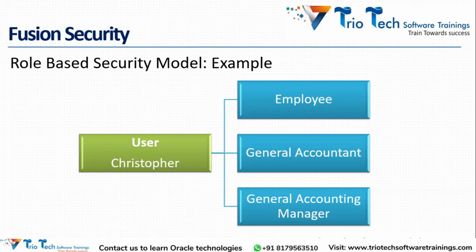General accounting means basically the general finance department, who are supposed to maintain all the accounting data and do the management reporting with respect to the financial statements. So Christopher has to work on the general accounting tasks. Therefore, he needs to have access to the ERP application.